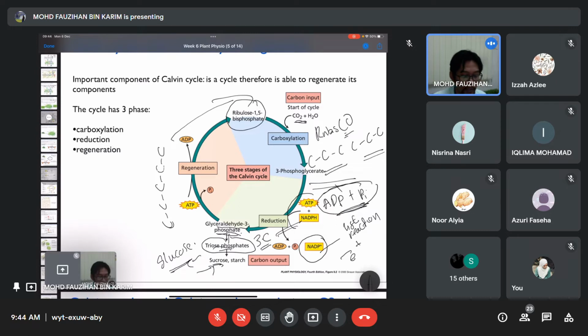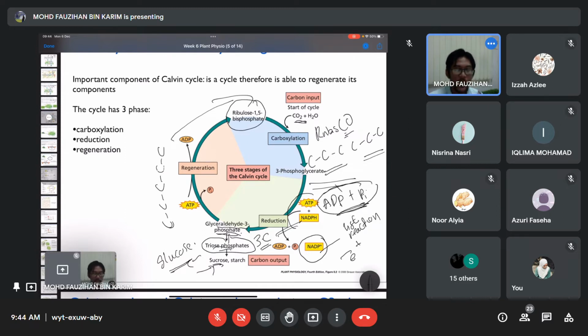Okay, so in many cases it will be broken down into ADP plus inorganic phosphate, and the inorganic phosphate will randomly move around until it is combined back to form ATP, right?